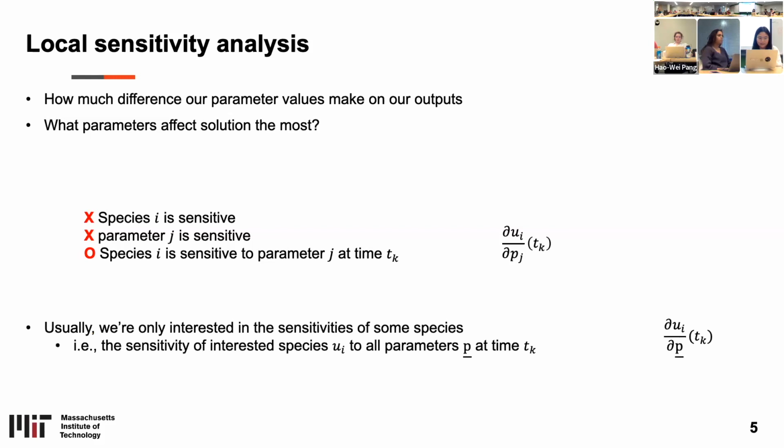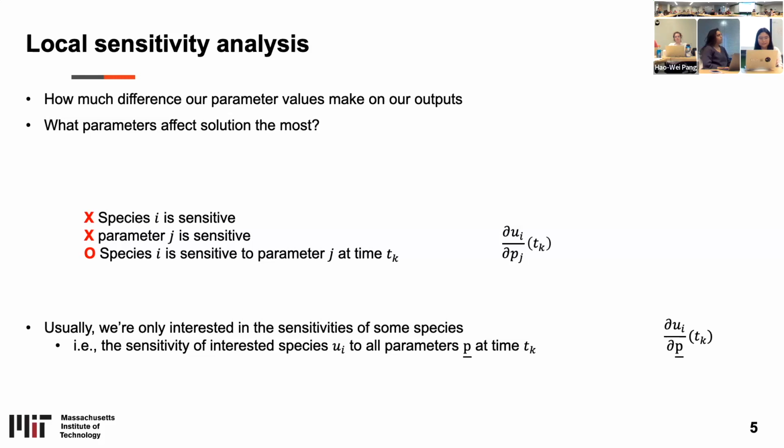Okay. So usually we're only interested in the sensitivity of some species. We don't care about the sensitivity of all species, because the species of interest are usually related to the model. Say if you're doing pyrolysis or combustion, usually you care about the sensitivity of your fuel species, or key species that we can observe during experiments.